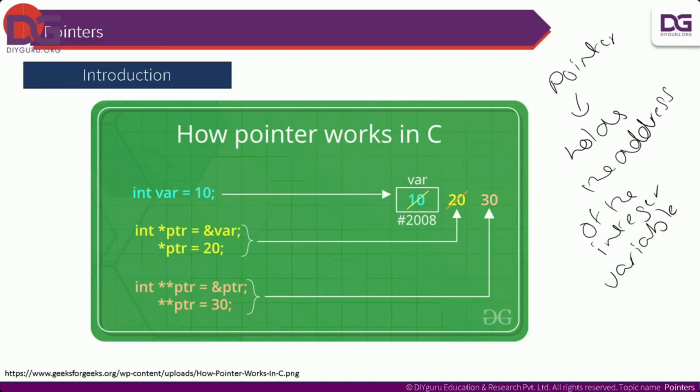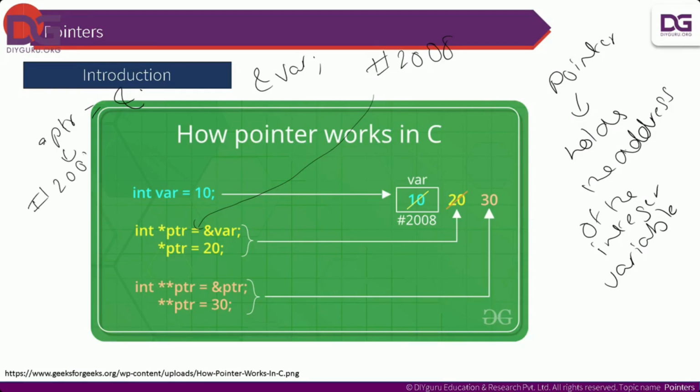In this case, your variable 10 will have some address, and this address is being held by your pointer. So this pointer will get hold of this address. I'm using this keyword, star ptr, and this holds the address of var.